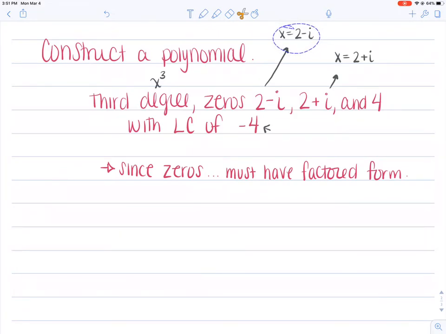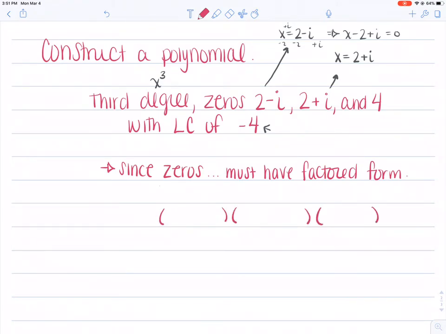So to undo the 2 and undo negative i, I'm going to subtract 2 from both sides and add i. So I end up having x minus 2 plus i equals 0. That's what's going to go in the first part of my parentheses.